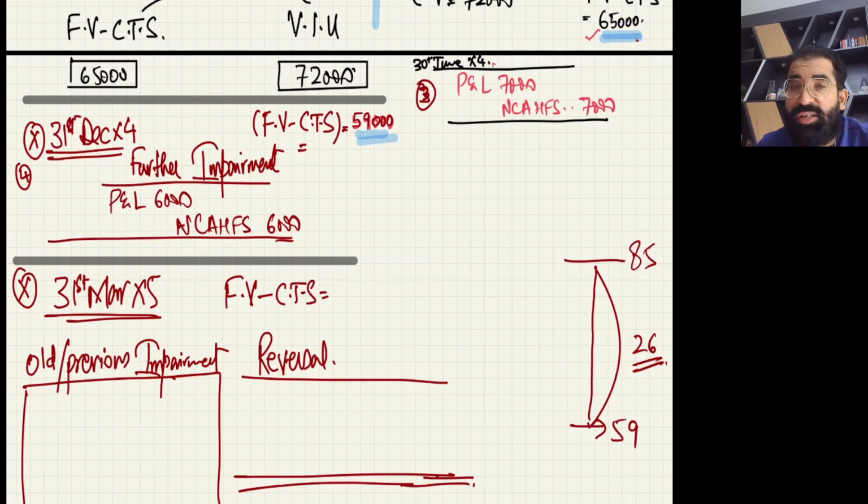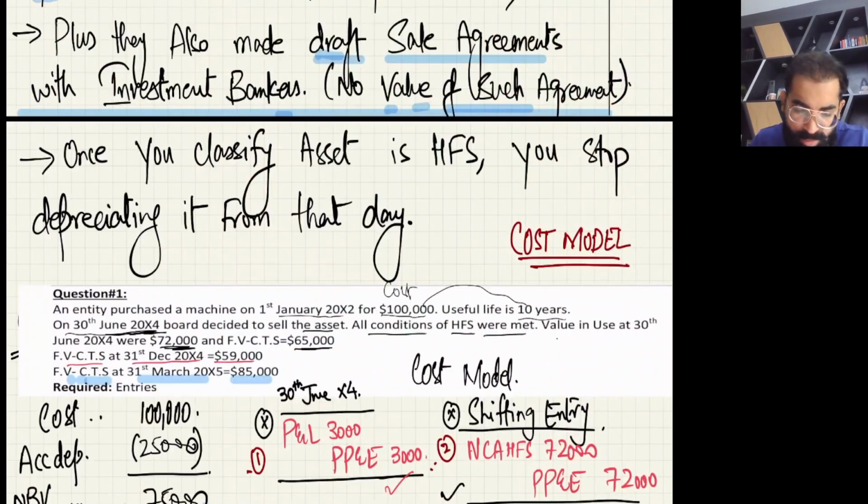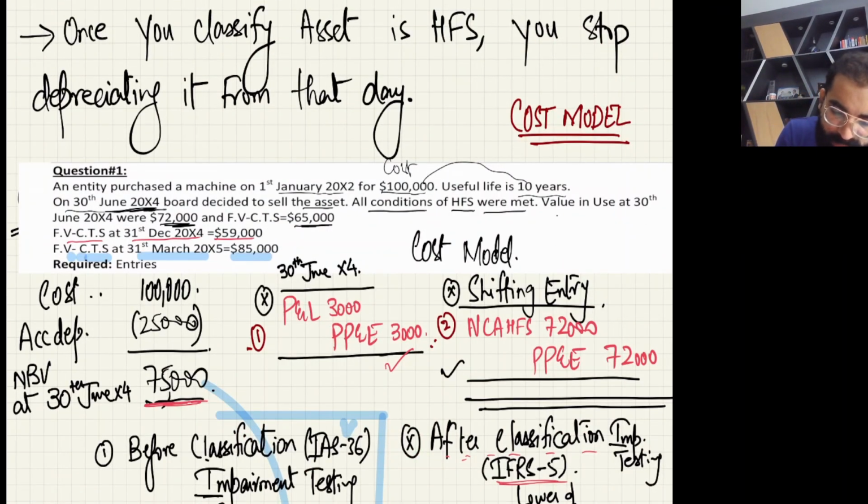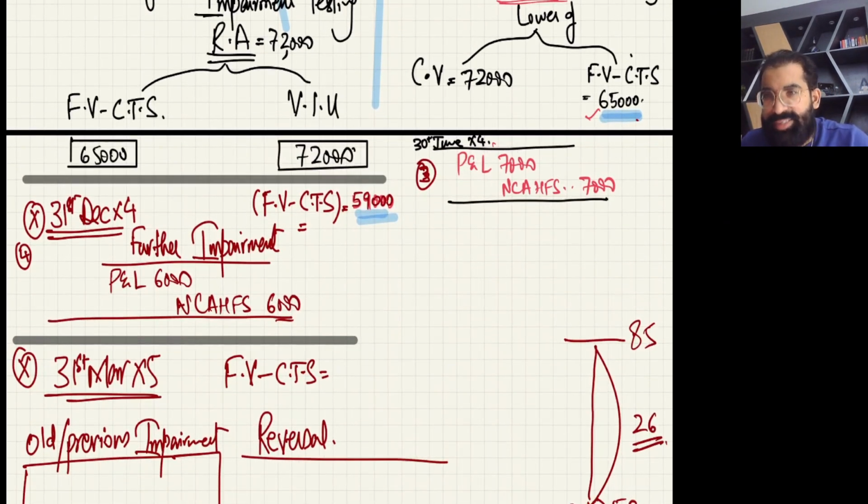And what is the restriction? Let me tell you. Yes, we are doing the cost model, don't forget this. In the cost model, reversal of impairment is allowed, but the maximum reversal you can do is equal to the previous impairments. You cannot cross the amount of previous impairments you booked.